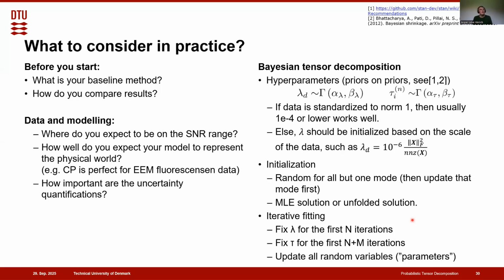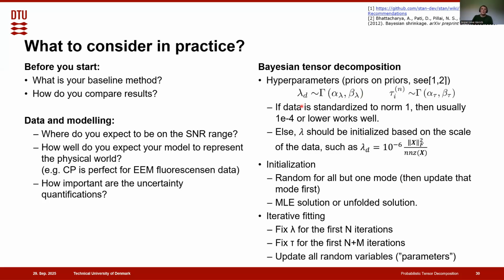When you start to consider how to model your data, think about how much signal there is, where the noise is, and whether the model you're using is actually nice or just a bad model for your data. And also, do you want to get these uncertainty quantifications? Bayesian inference is nice even if you don't need the uncertainty quantifications. They're built into the estimation, and they remove some spurious local optima, is my intuition about it.